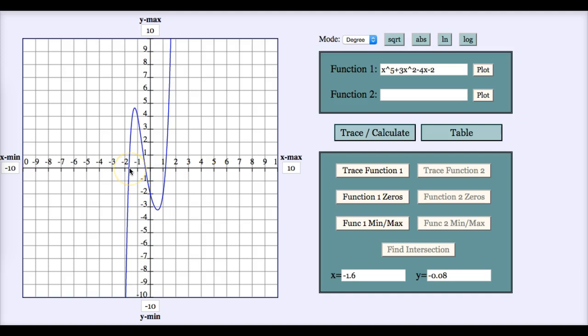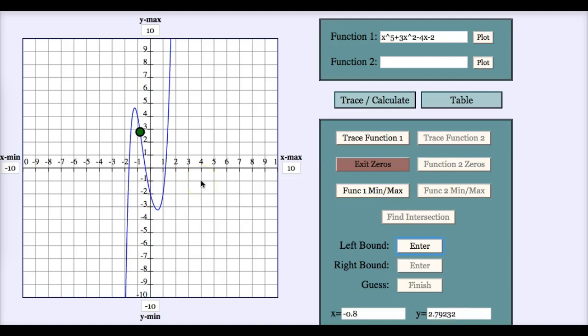It looks like my function is going to start to be greater than 0 at -2. And then it's going to start to be less than 0 at whatever the 0 is over here, in between these two zeros.